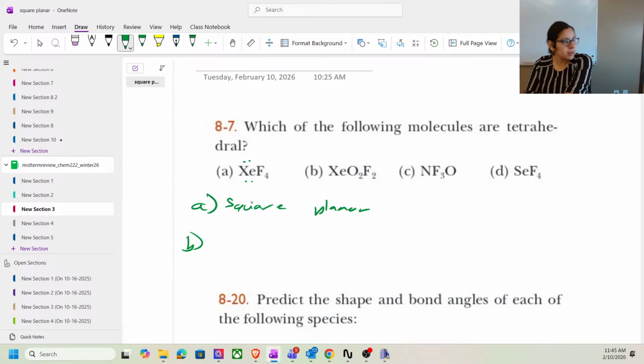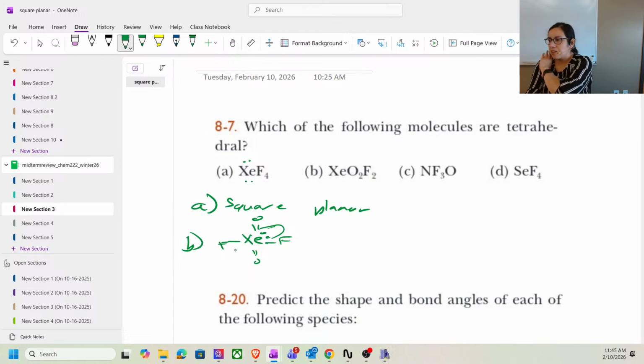Yep, somebody said it. Again, same trick, 8 valence electrons. We have 2 oxygens there, and then fluorine, fluorine, but that's 1, 2, 3, 4, 5, 6. So then we have a pair of electrons. So what's the geometry again?